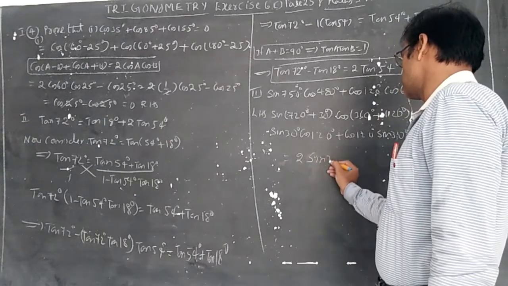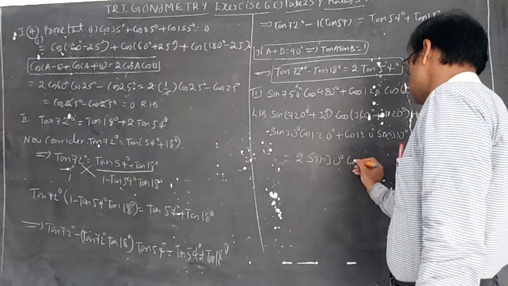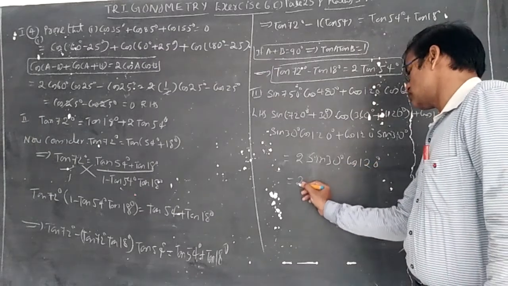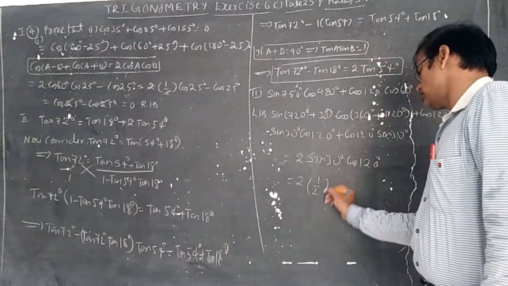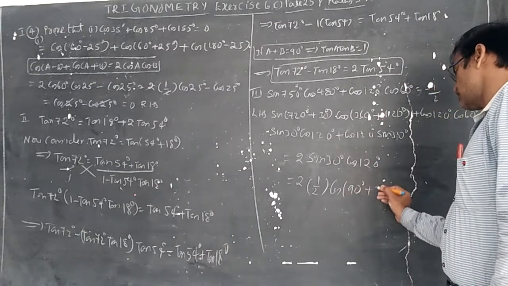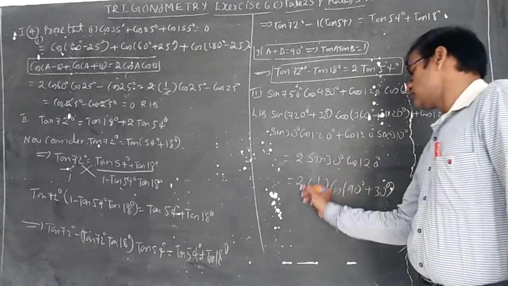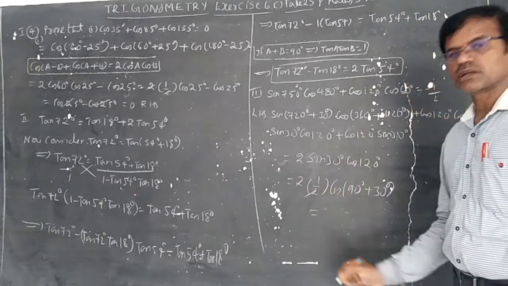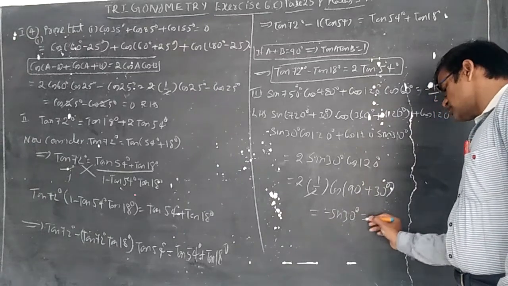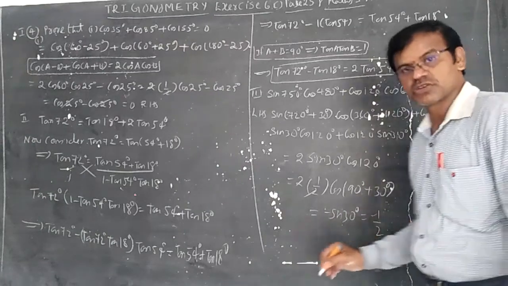So you can write 2 into sin 30 cos 120, that is equal to 2 into sin 30 value 1 by 2 into cos 120, which can be written as cos of 90 plus 30. The 2 gets cancelled. Cos of 90 plus theta becomes minus sin theta. So it is minus sin 30, value minus 1 by 2.